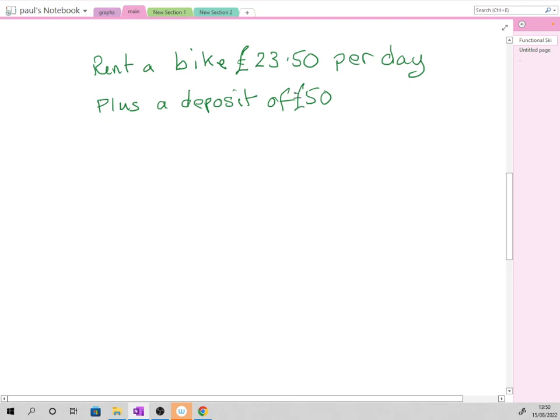Now whether you get your deposit back at the end or not depends on how well you look after the bike. But this is just to calculate how much you pay.